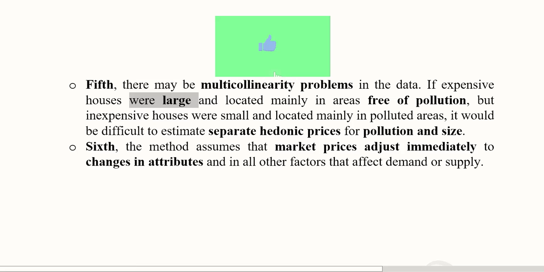For example, if the houses were large, they were likely to be free of pollution, and the inexpensive houses were small and located in polluted areas. So you see, there is correlation between these two attributes, the size of the lot and the level of pollution. When we put these two in the regression on the right hand side as independent variables, there will be a problem of multicollinearity.